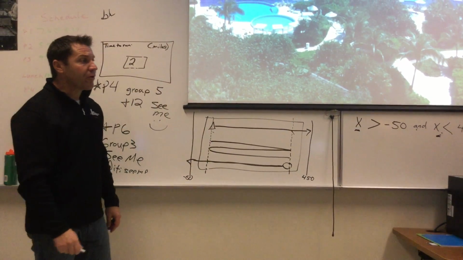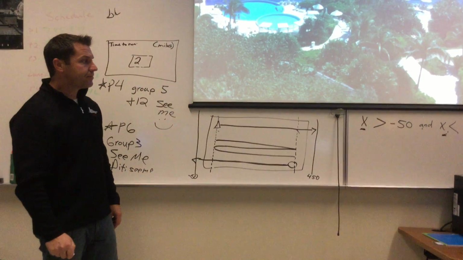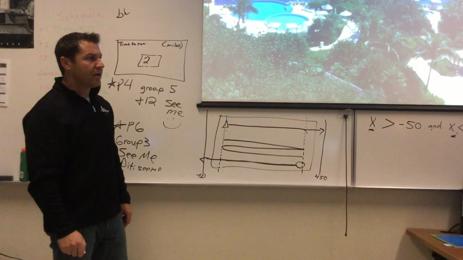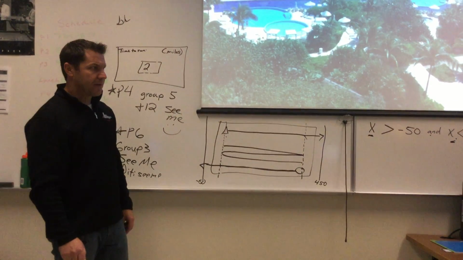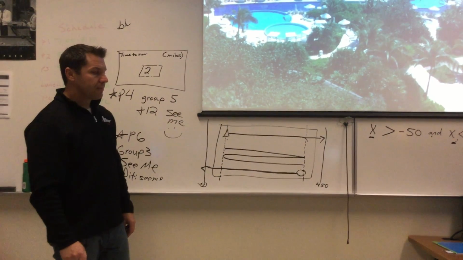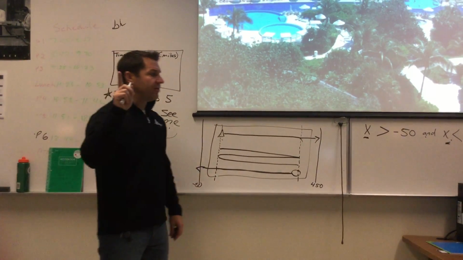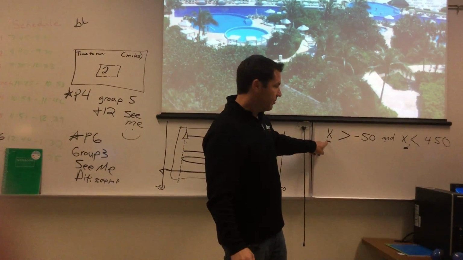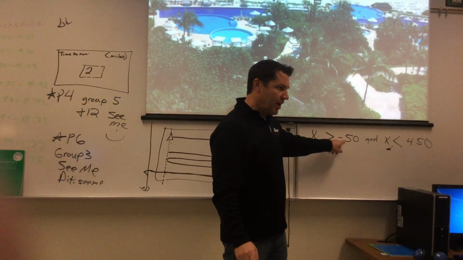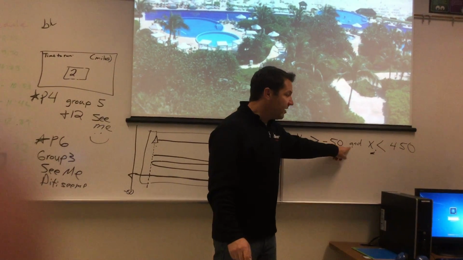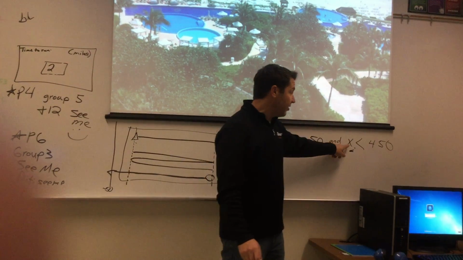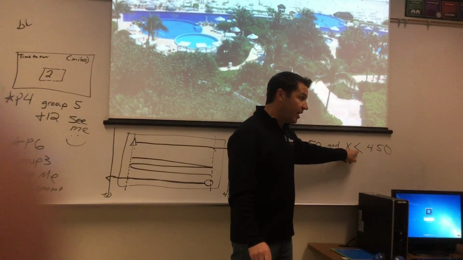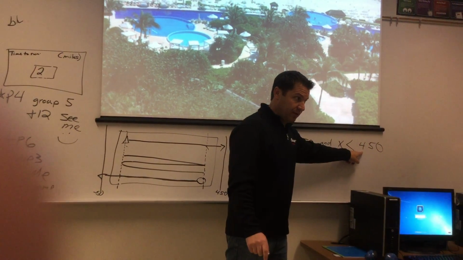And essentially what we're creating is something that's called a compound inequality, okay? That compound inequality says this, that our X value must be greater than negative 50, and that exact same X value must be less than 450, okay?